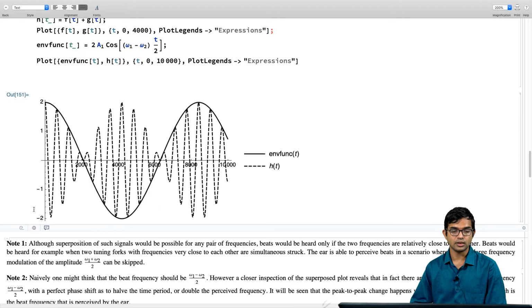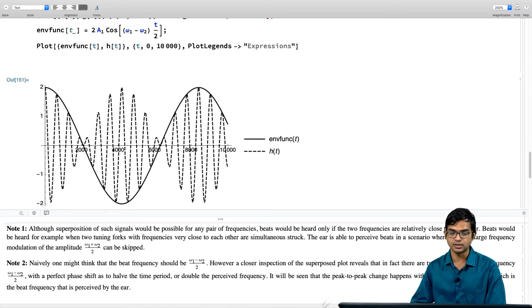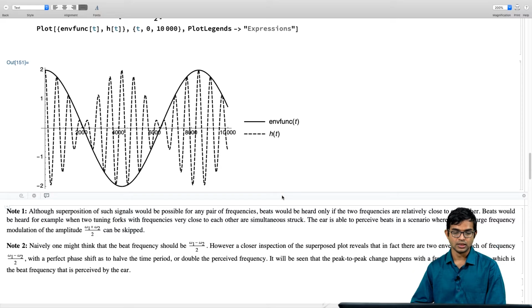So each of these is going to be separately perceived. So if you just count the distance between two consecutive peaks or two consecutive troughs in this curve, that's going to give you the correct frequency. That's the frequency that the ear will perceive, and that's given by omega 1 minus omega 2. It's not (omega 1 minus omega 2) by 2, right? So there's no factor of half.